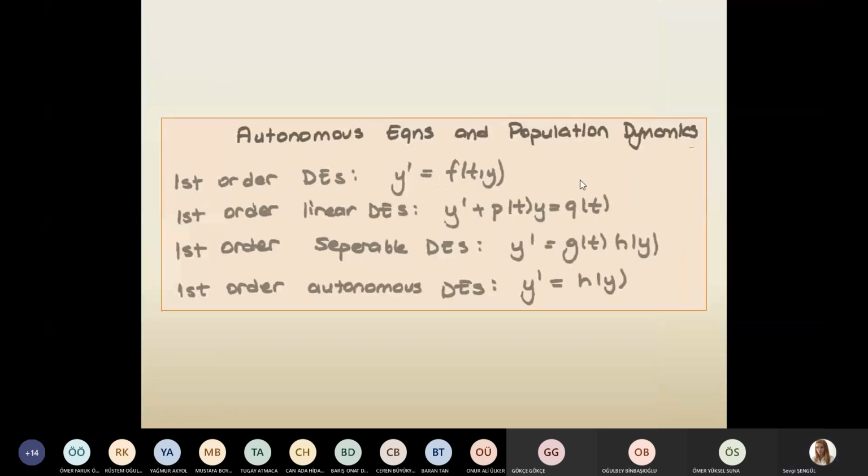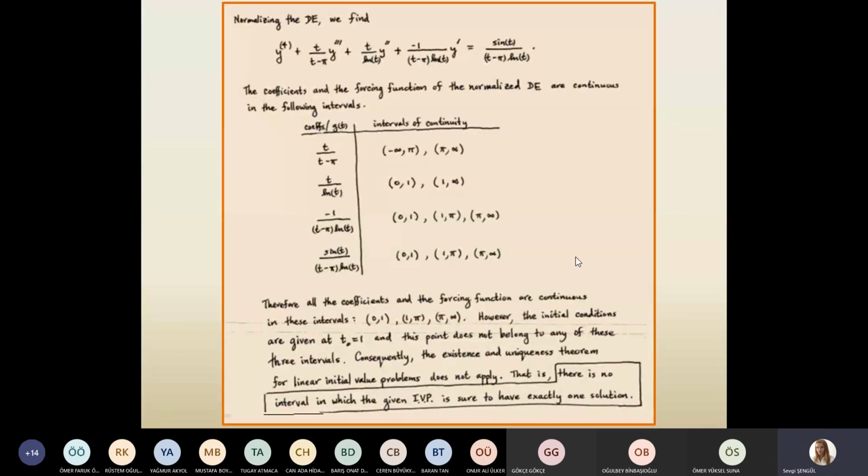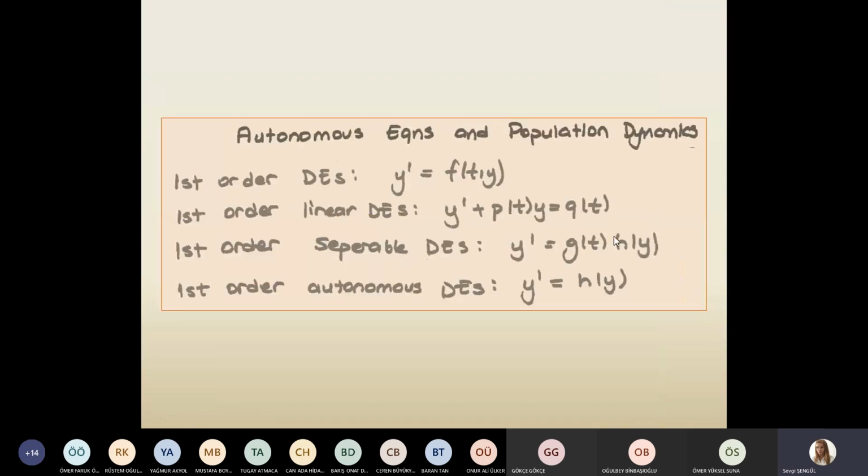Yes. Any question? Because we will talk about autonomous differential equations if you don't have any question. No questions, I guess. Let me see how many we have.